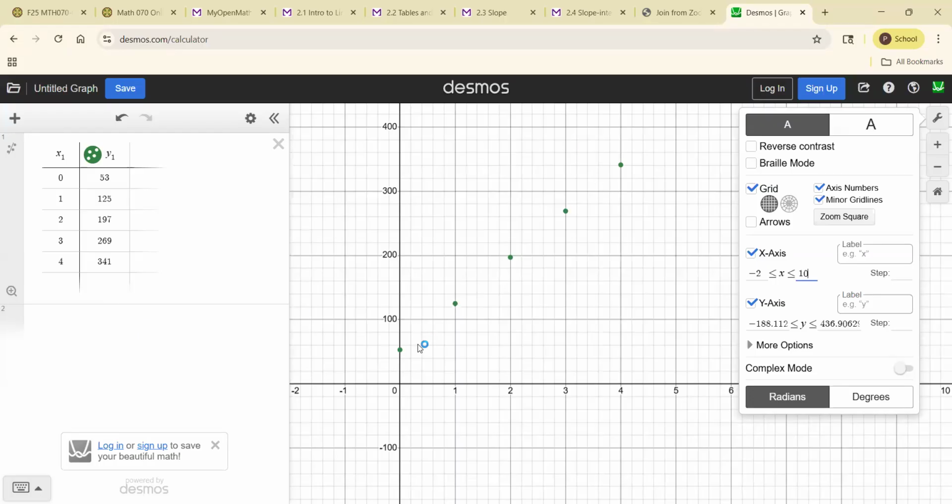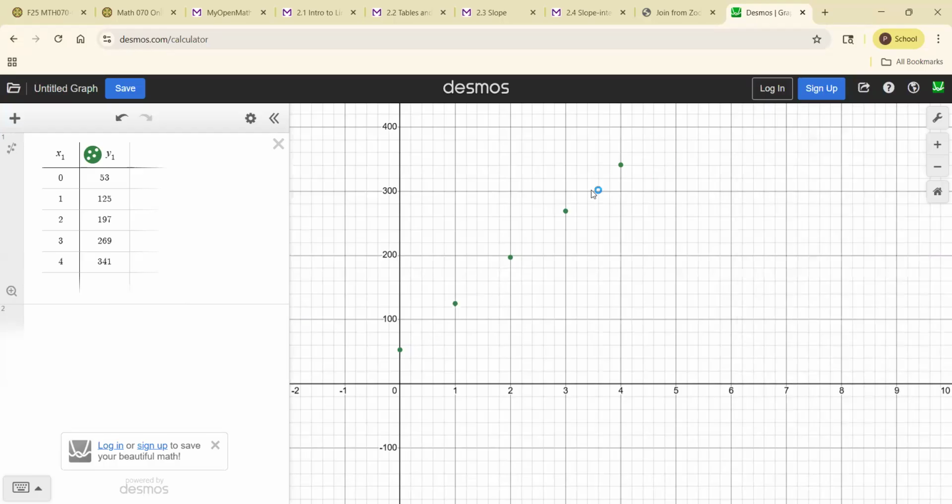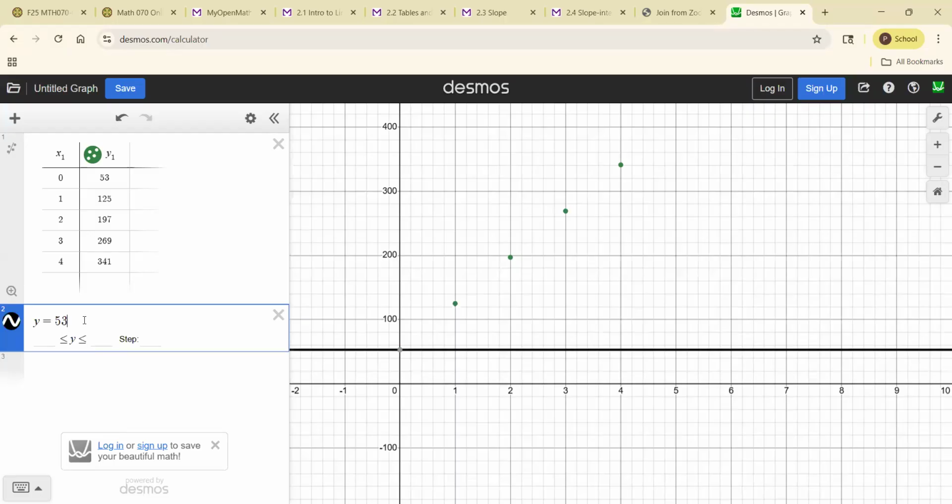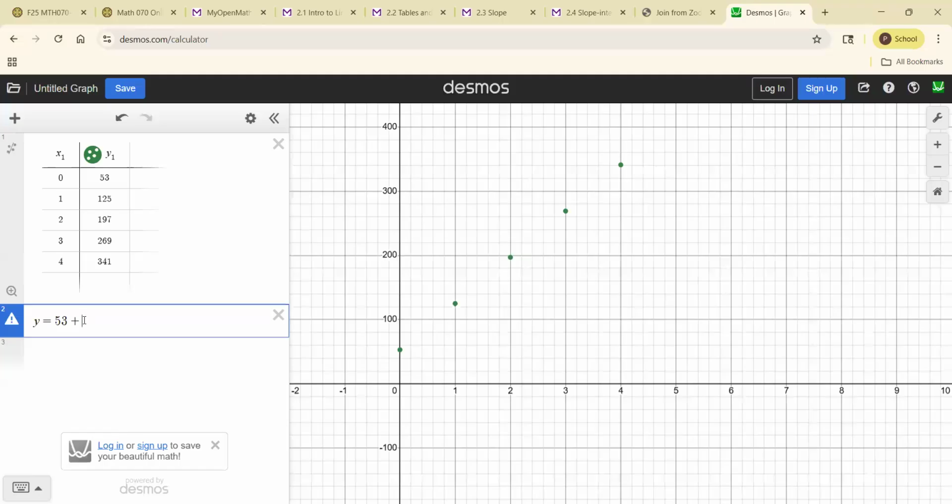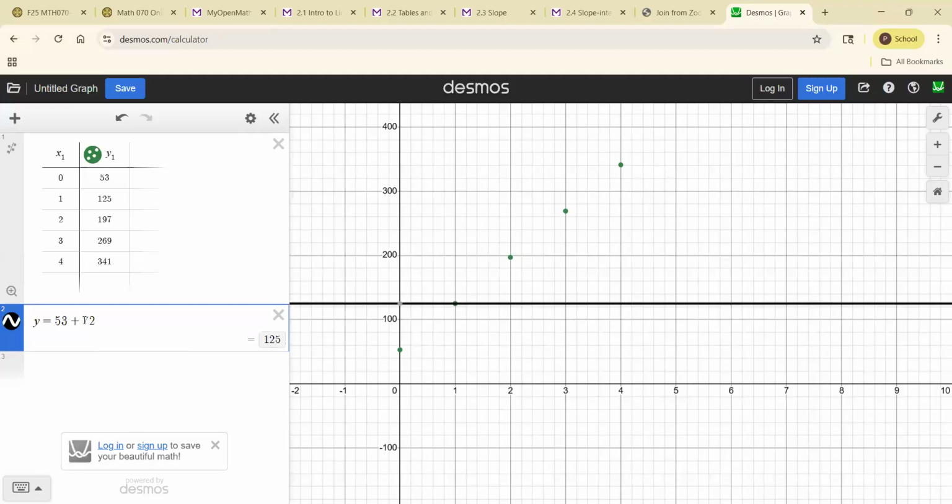And if we want to think about connecting those dots in a line, we need the formula. So the formula here says, and I'll write it on the notes later, y equals, well, what did we start with? We started with $53. And each week we added 72, so 72x.